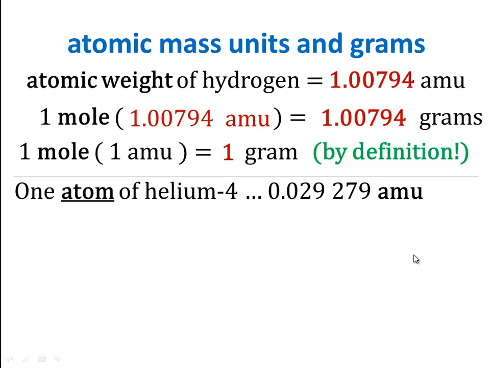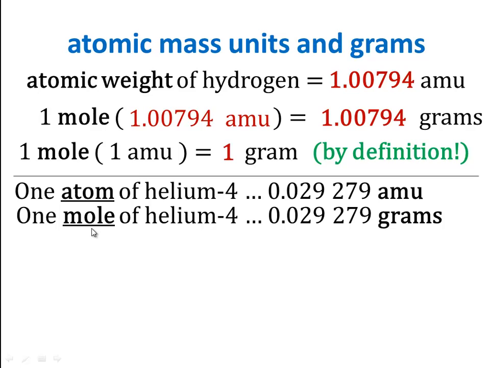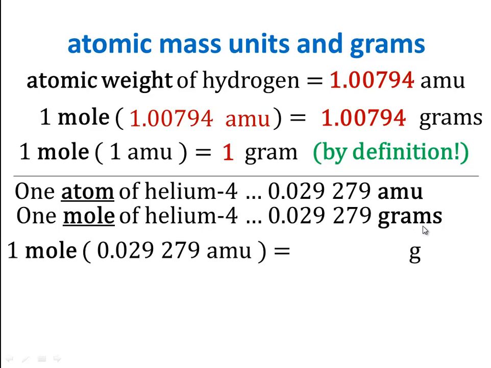So my question is, if we were to create 1 mole of helium-4 atoms, how many grams would our mass defect be? And hopefully, now that we've been through this, you can see that it's the same number, but we just change AMU to grams. Okay? All right. Now, so 1 mole of this is equal to that many grams.